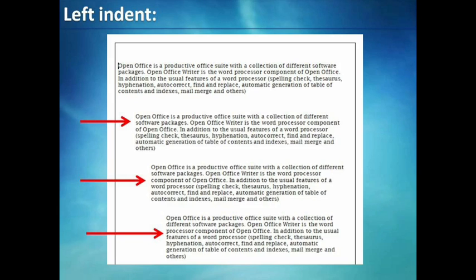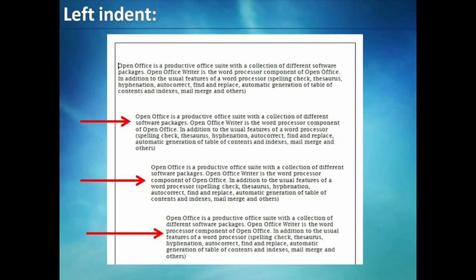When I click the increase indent icon the first time, the paragraph is moved half inch away from the left margin. When I click the same icon again, now the paragraph is moved 1 inch away from the left margin. See the fourth paragraph. For that I click the same icon again, that is the third time. Now the paragraph is moved 1.5 inch from the left margin.